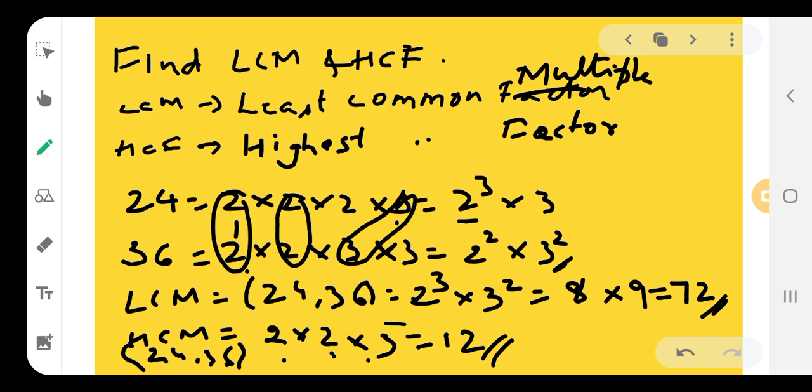So therefore, the formula for finding any one of these we will discuss later. Okay. Now, find LCM and HCF.